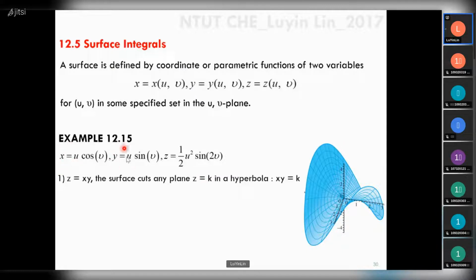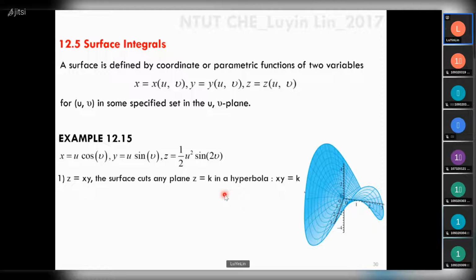X multiplied by y, you will get u squared, and you will get cosine v sine v. Cosine v sine v relates to the double angle: sine 2v is equal to 2 cosine v sine v. That is the rule, right? So you can find z is equal to xy.